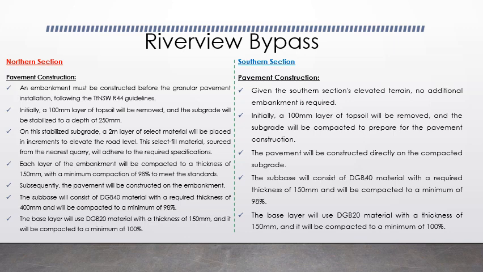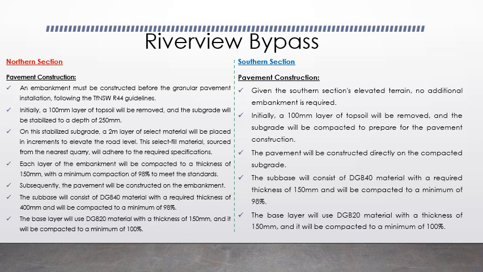Whereas in the southern section, we don't need any embankment. Initially, we'll remove 100 mm of topsoil, and we'll compact the subgrade, and after that we'll start building the pavement over the subgrade.